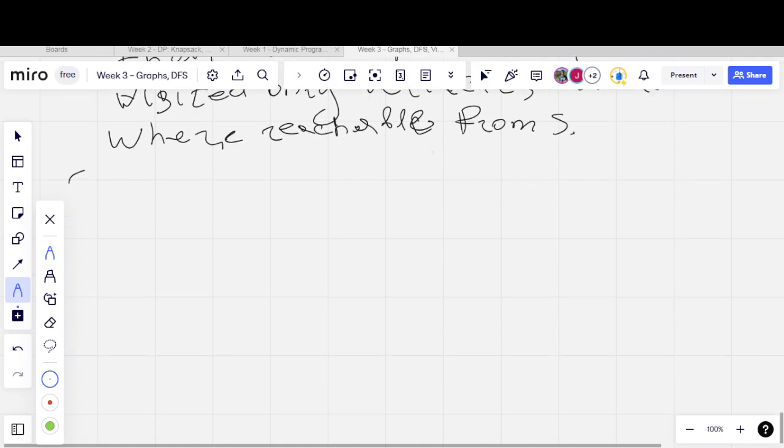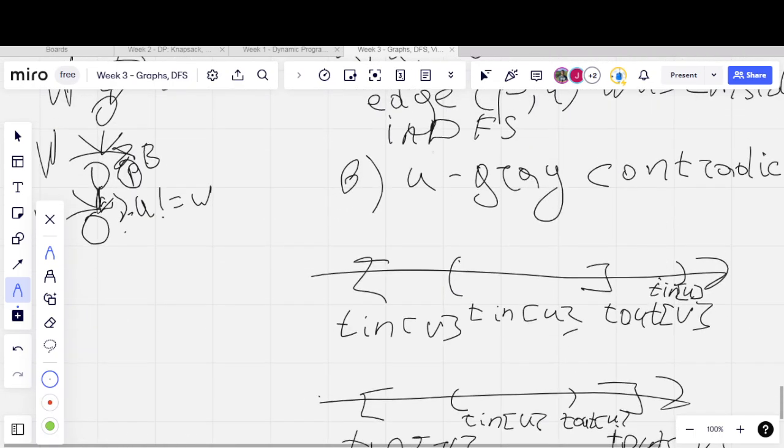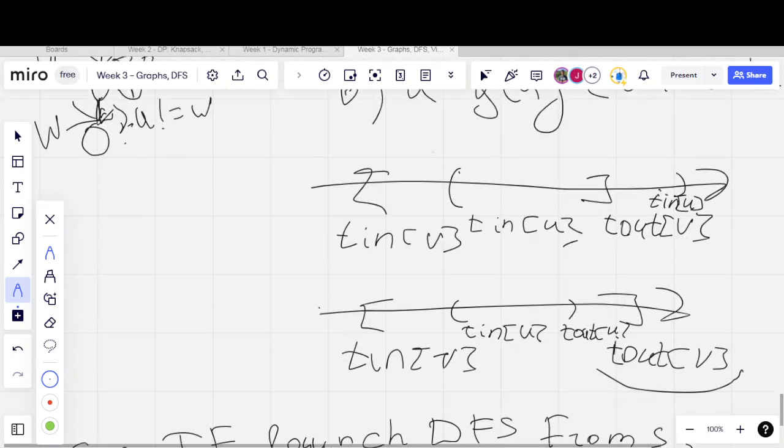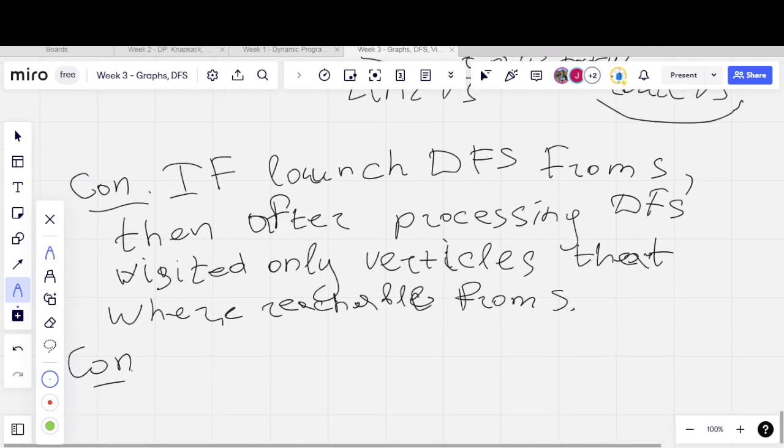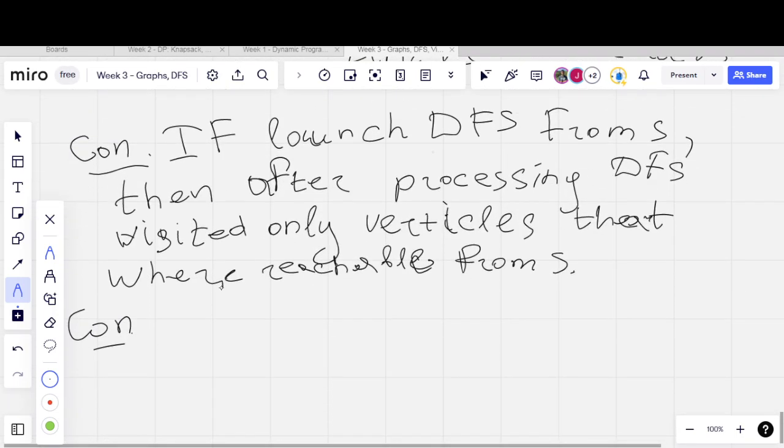The next consequence. If you carefully look at this lemma, it's the same, but in other words. Another consequence: let DFS be performed in main.